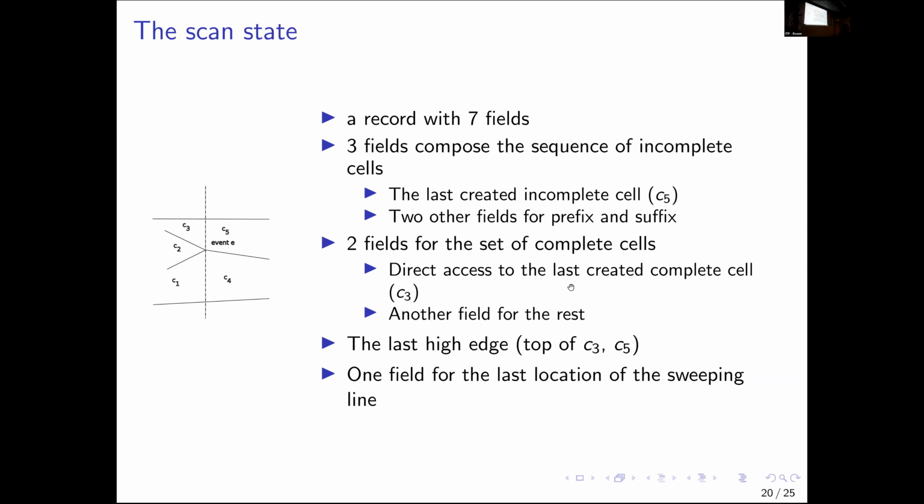So the data structure which is maintained during the processing is made of 7 fields, and I'm not completely happy with that. In fact, I think I should have done a first proof with a less complicated data structure, because in this data structure, the 6th and 7th field are actually caches that I maintain.